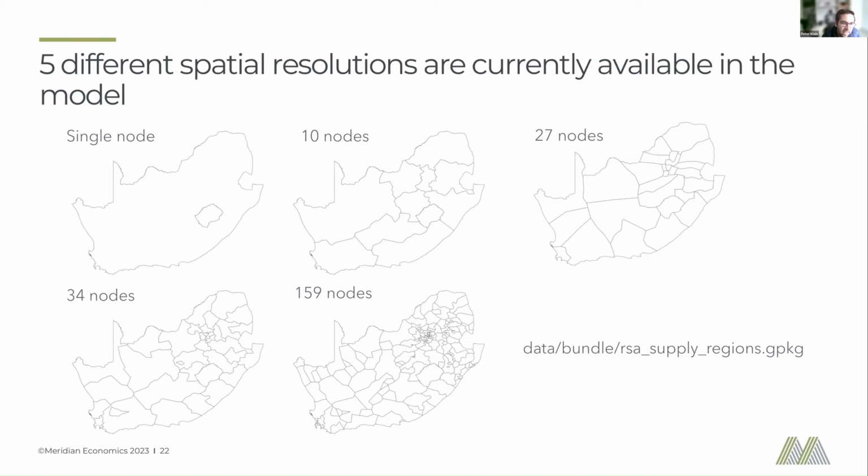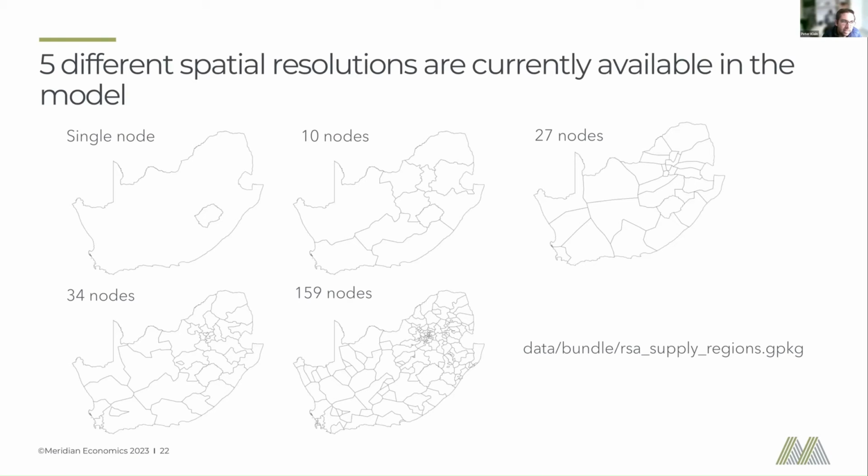That's definitely possible. And then we found that if we use 10 nodes, at the level of the new demarcation of the ESCOM supply regions, we are able to solve for about 5 intertemporal periods. So, for example, we could go 25, 30, 35, 40, etc., and that can still solve in a reasonable amount of time, less than 2 hours.